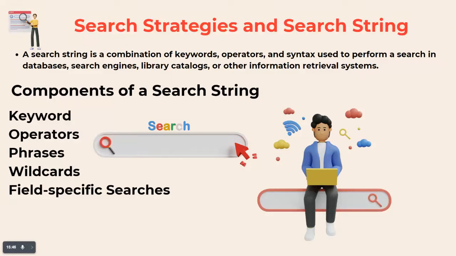Then you have to use the operators to make a good combination of keywords, right? Then you can search, and then you can get the specific results. So when you are doing the search, you should follow the proper strategy to get the best results from the search.